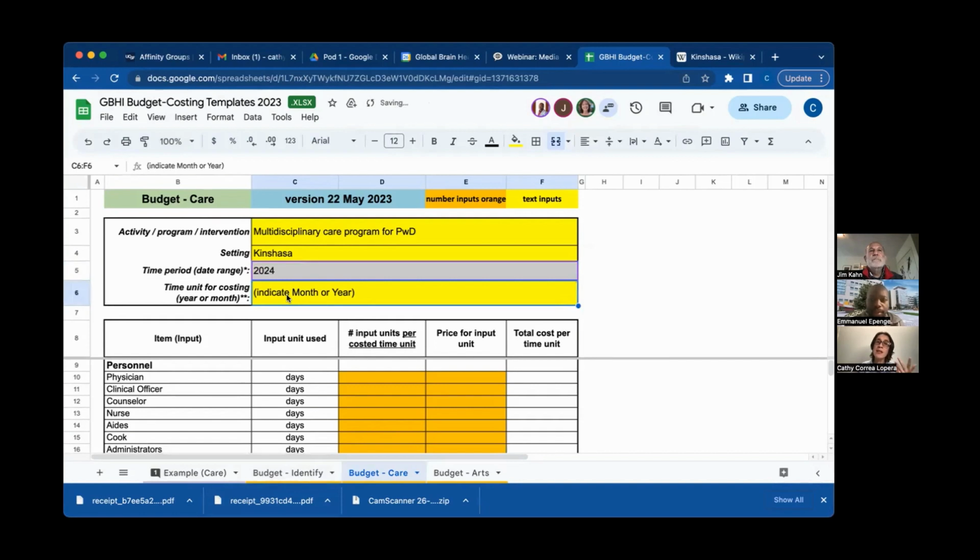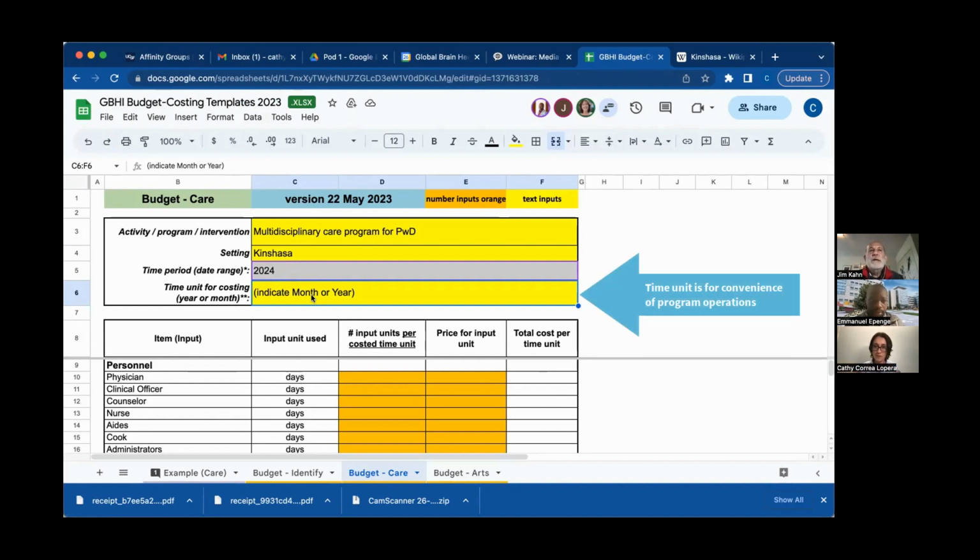I have a question, Jim. If I have a program that is long term, like a 5 year program, we will say the time period will be 25, 30, and the time unit is still monthly or is it going to be year? The time unit is selected for your convenience.